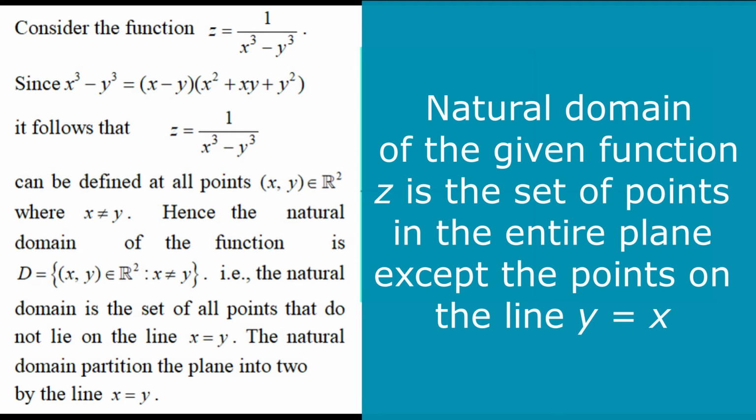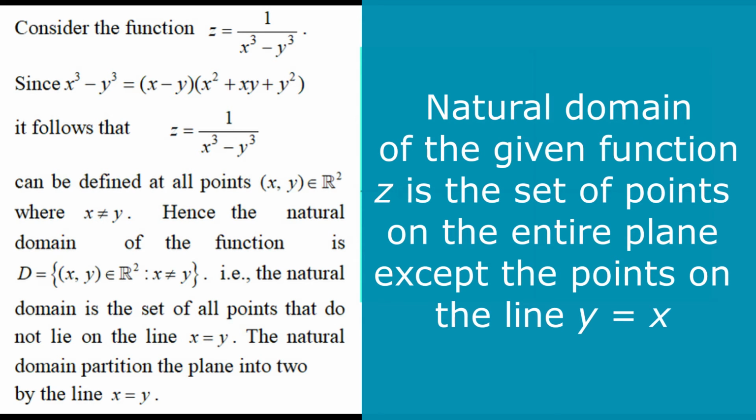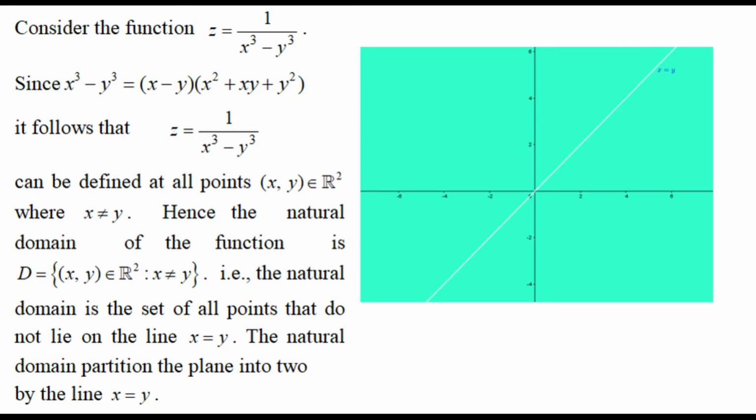Hence, the natural domain of the function is D, the set of all ordered pairs (x, y) in R^2 such that x is not equal to y. That is, the natural domain is the set of all points in the plane that do not lie on the line x = y. The natural domain partitions the plane into two by the line x = y.